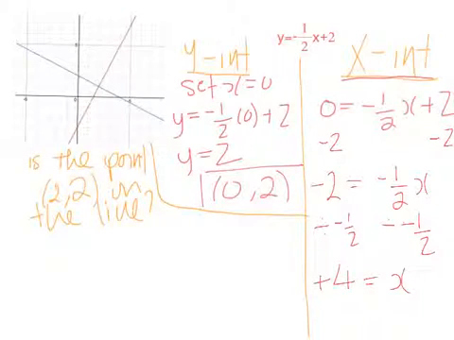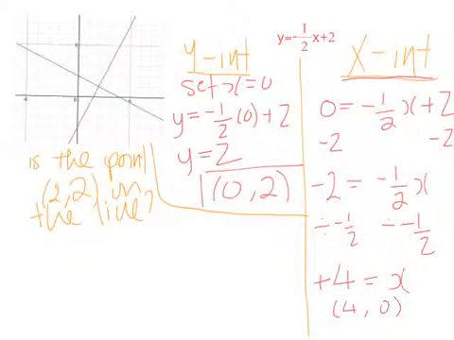So that's the x-intercept, x equals 4, but we don't want to write it as x equals 4. We want to write it as coordinates because that's usually what's required on the test. So I put my x value first, which is 4, and my y value, which at the beginning we said we're going to set equal to 0. So just put 0 in there.